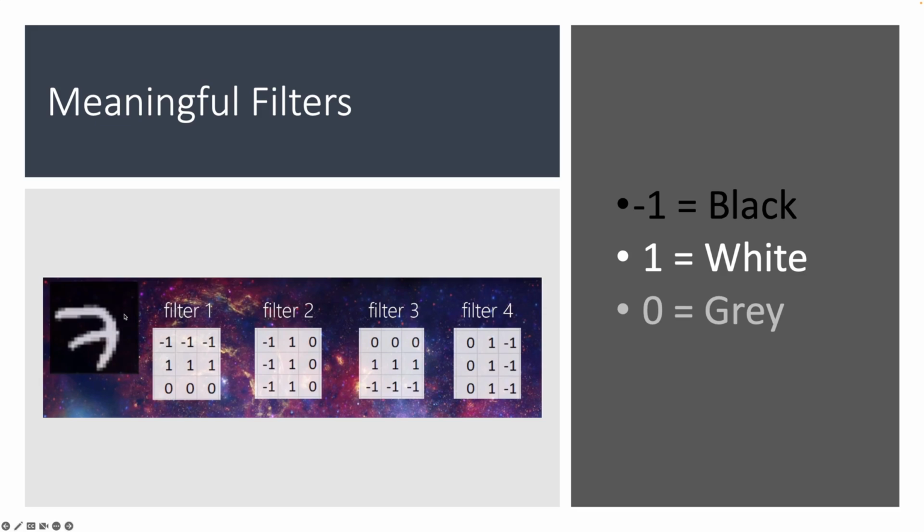Okay, so just keep in mind that black means there's no pixel on, and white means there is a pixel, and somewhere in the middle between these two is gray. So if we consider this filter here, you can see that it has -1s on the top, meaning black. It has 1s in the middle, and then some gray there.